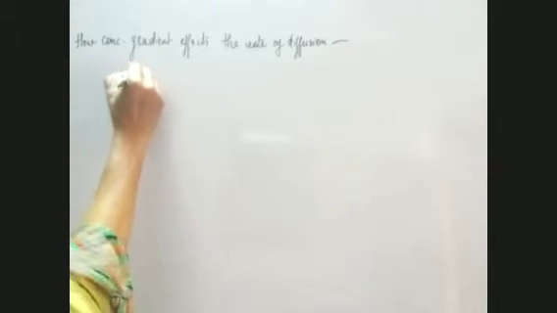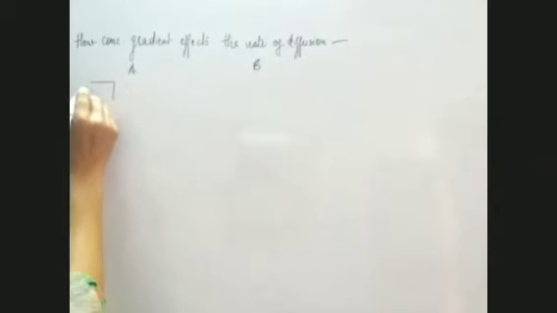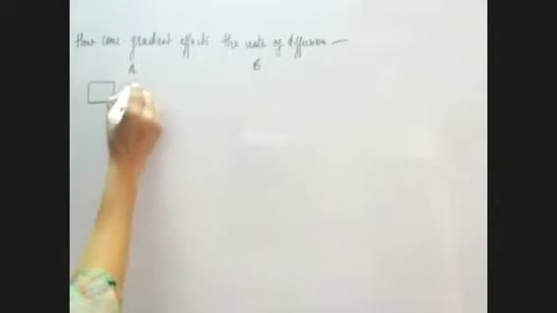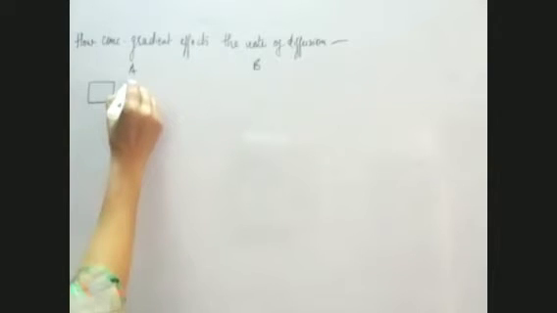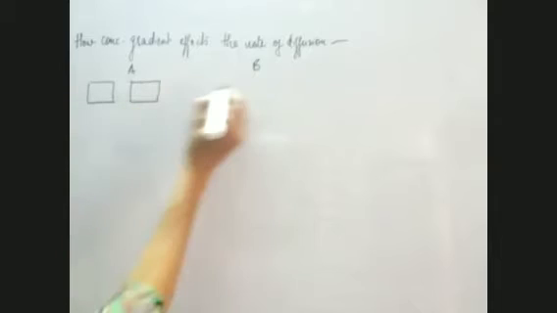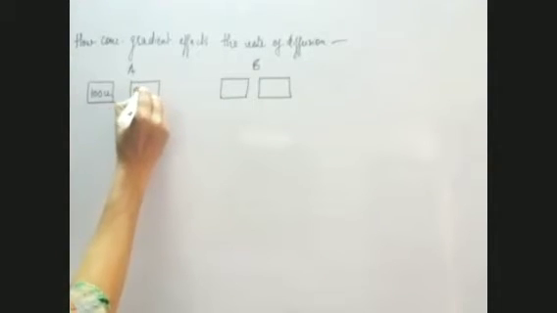Now here, concentration gradient, as I told you yesterday, we have two setups, setup A and setup B. In setup A, we have two sides. In one, the concentration is different, and in another, suppose here the concentration is 80 units.